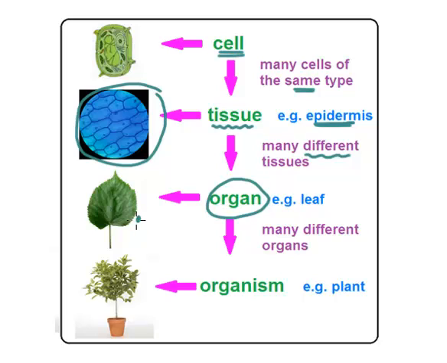So this leaf has epidermal tissue, but it also has other tissues, and that is what makes an organ. The root, the stem, the flower, those are other examples of organs of plants. Put all of those different organs together and you get the organism. In other words, the whole plant.